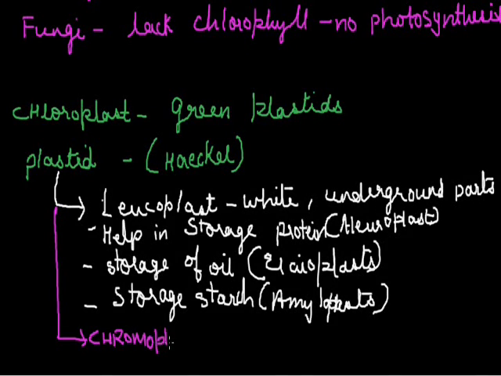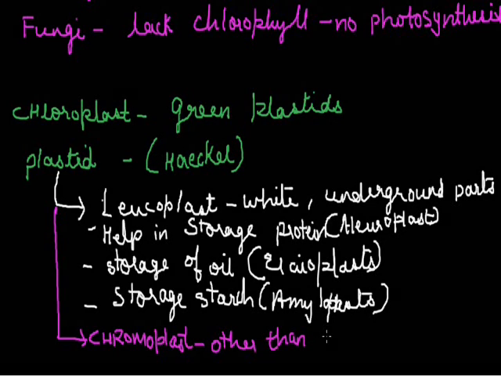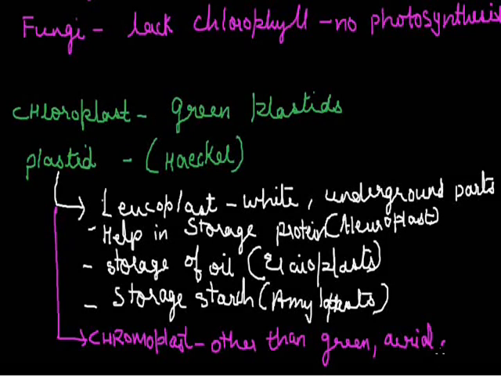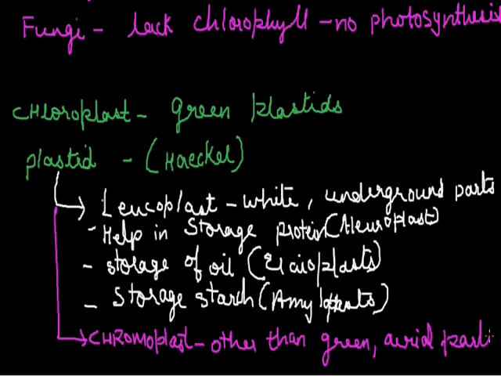Chromoplasts contain colors other than green and are found in the aerial parts of the plant.